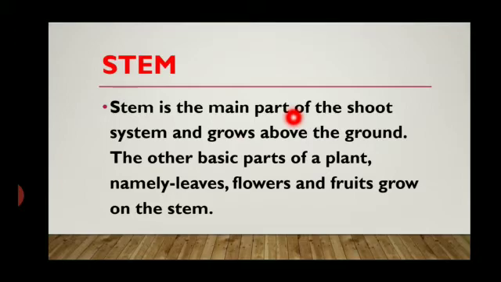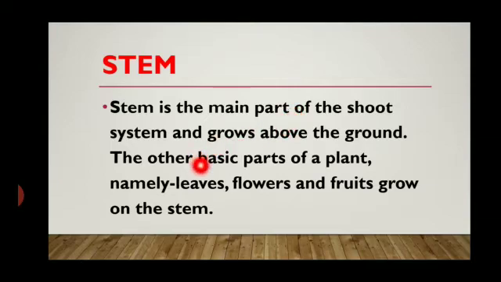So stem is the main part of any plant, not just one plant like mango, neem tree, banyan tree, climbers, or other types of tree, but every plant has the stem as the main upper part, because without the stem how will the other parts grow?